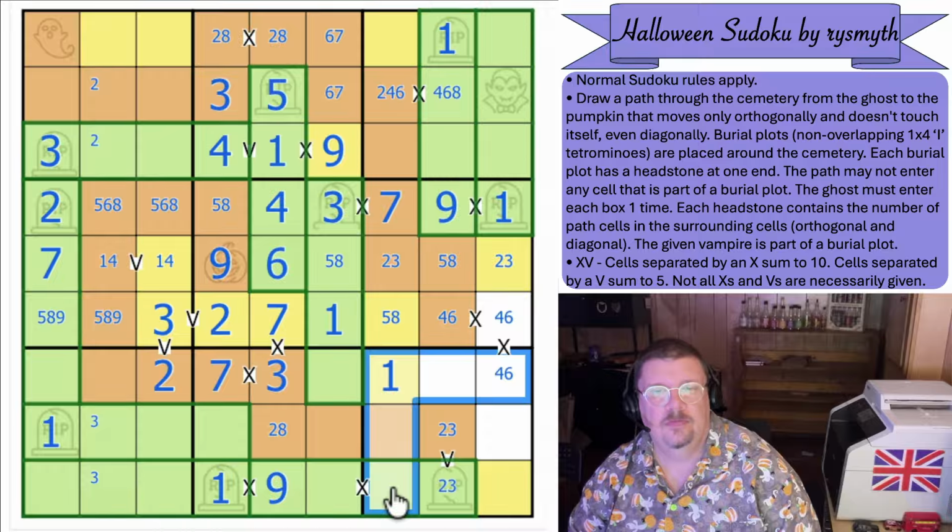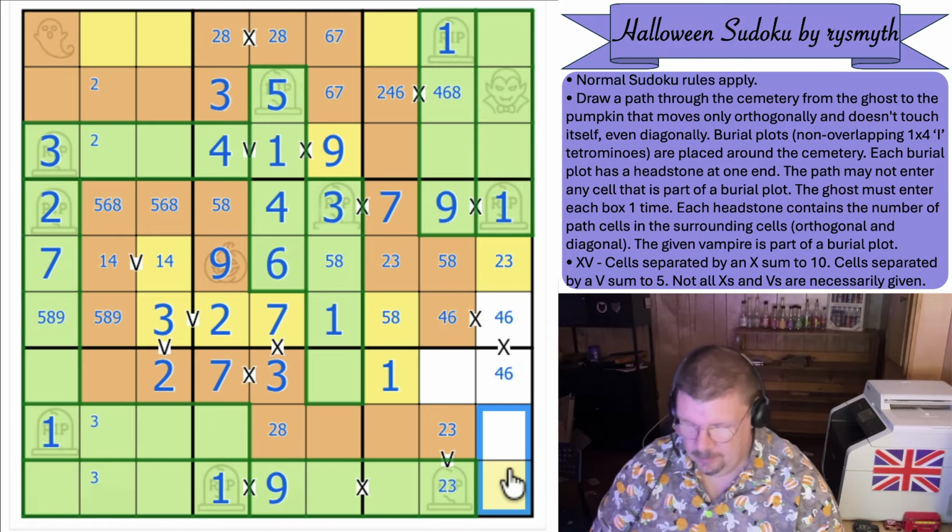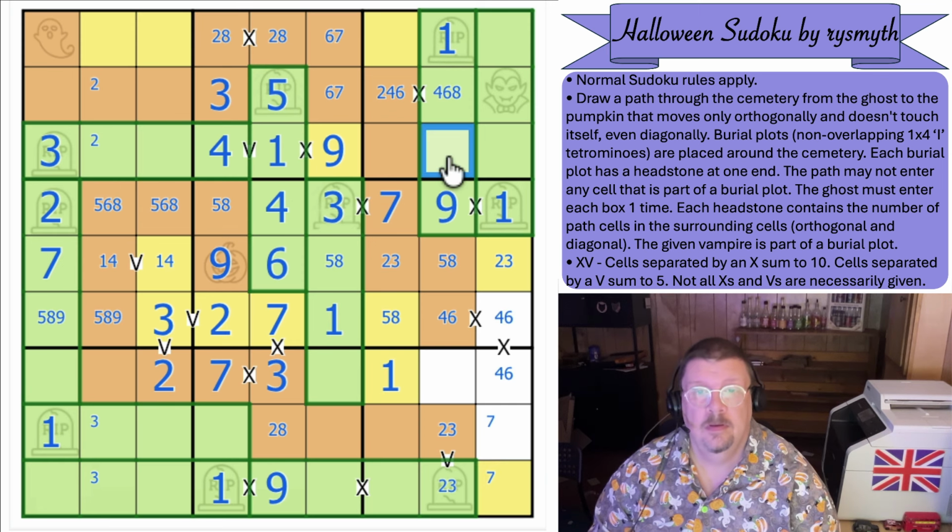Those are not 7 by Sudoku. So 7 is in one of those two. That places a 7 here.